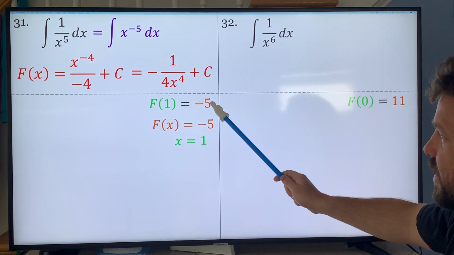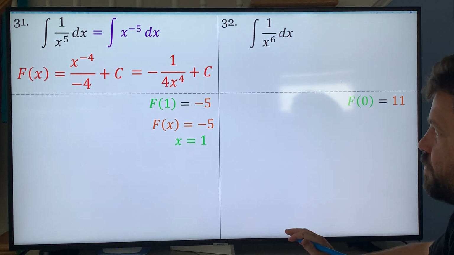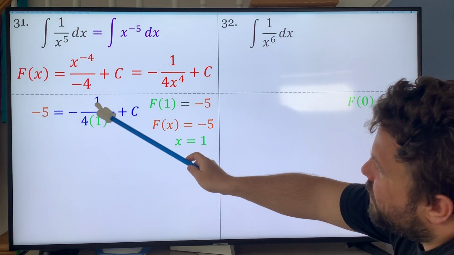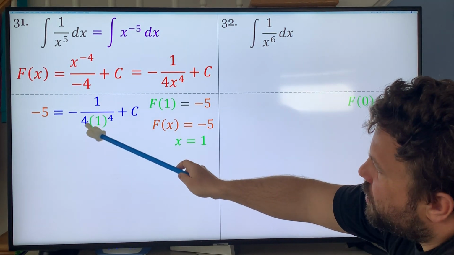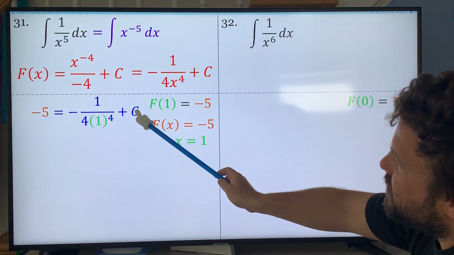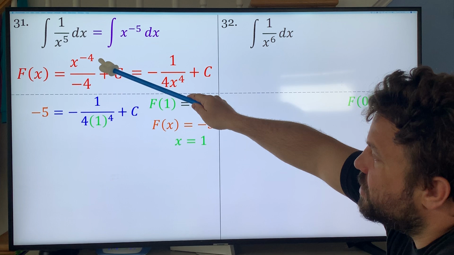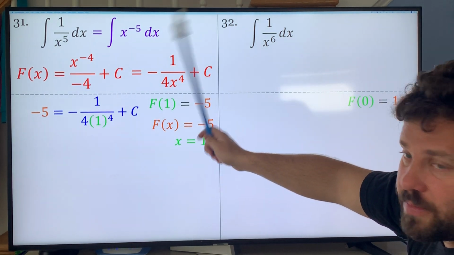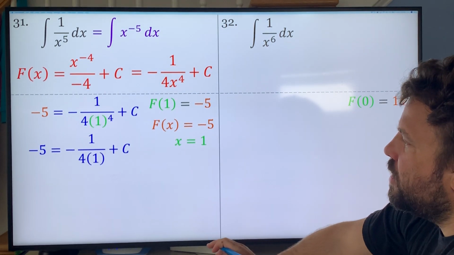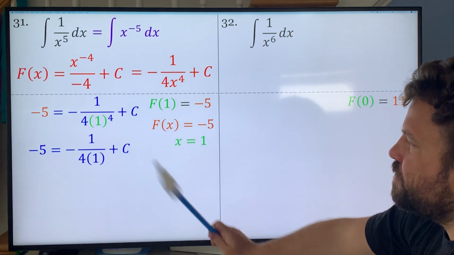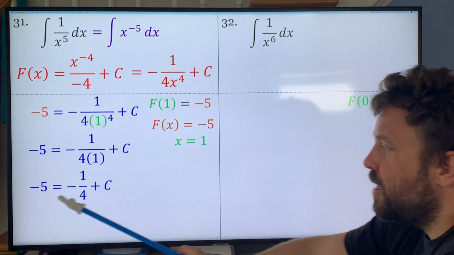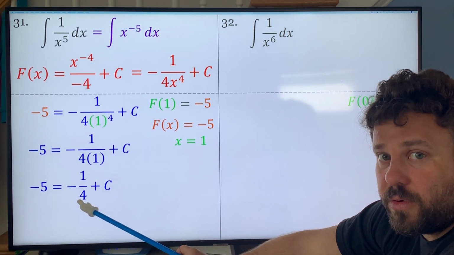In this case, f of x is negative 5, x is 1. All right? So negative 5 equals 1, negative 1 over 4 times 1 to the 4th plus c. Now, if I left this on top and put a 1 here, I know 1 to the negative 4th is also 1, so it doesn't really matter. You get the same answer. Negative 1 over 4 times 1, negative 1/4. Negative 5 plus 1/4.